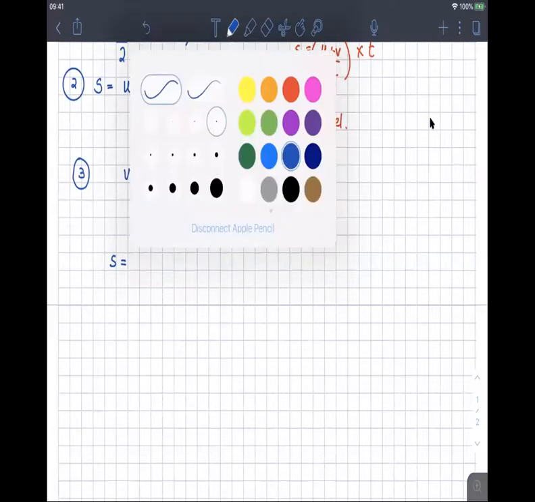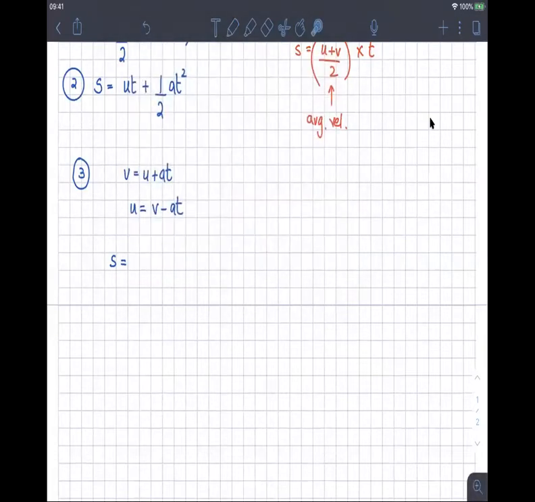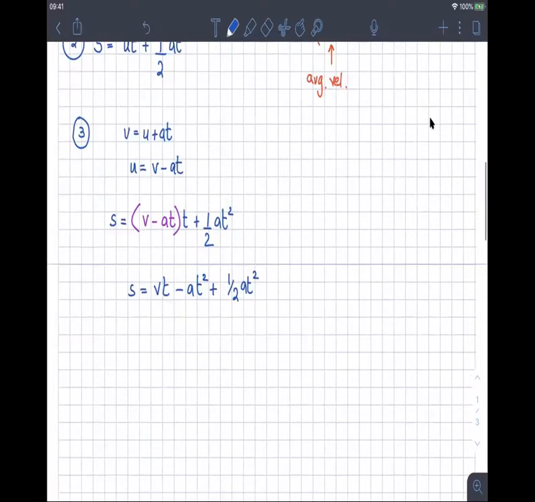So the equation that we're going to substitute into is right here. And it is u, which is now equal to v minus at. And then the rest of it goes like this. U times t plus 1 over 2 at squared. And then if you just multiply everything, you get vt minus at squared plus 1 over 2 at squared.